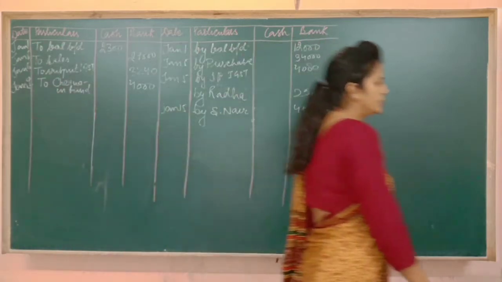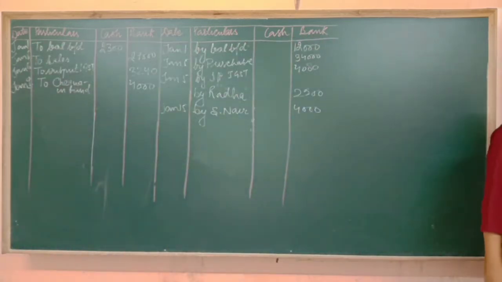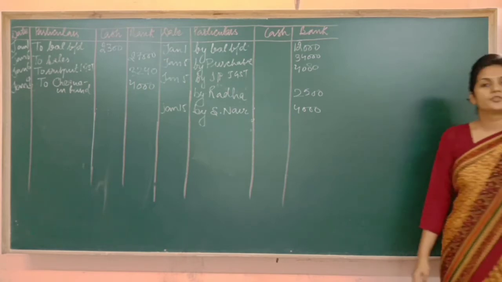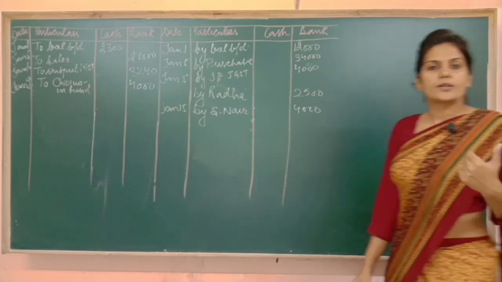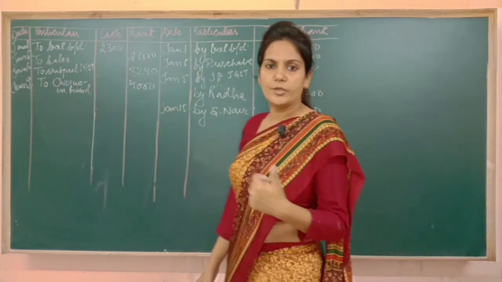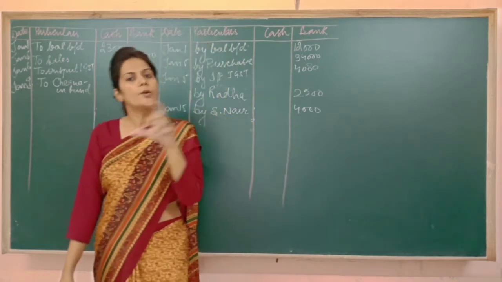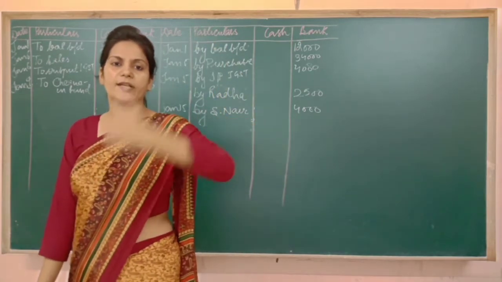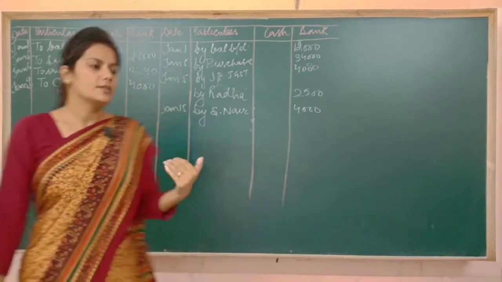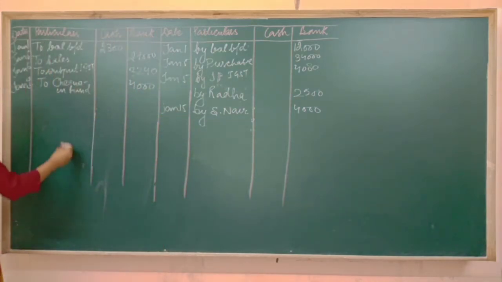Now next transaction. Next is money withdrawn from bank for office use. Now you have withdrawn money from bank. So what comes into the business? Cash will come into the business. So the entry will become cash account debited to bank. Cash will be debited, bank will be credited. So you have to write the transaction like this.